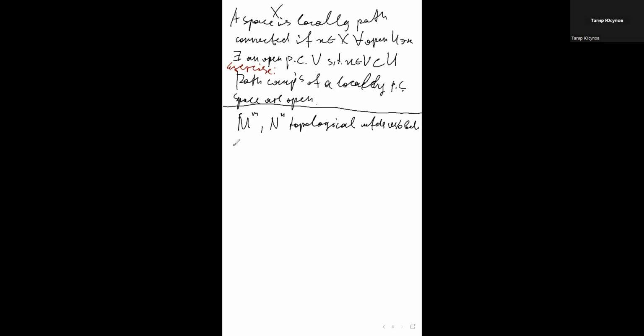So first of all, if M is less than N, there can be surjective maps from M to N, and these are space filling curves, basically.